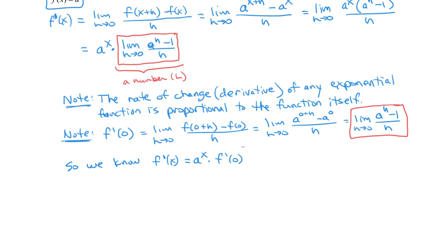Right, we know this for the function we've got. If f of x equals a to the x, then we know that f prime of x, the derivative, is the original function times the derivative of the function at 0.